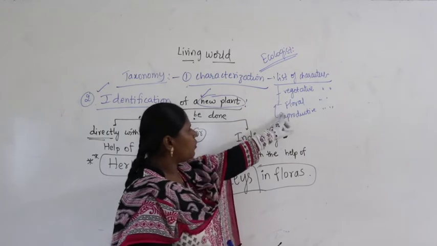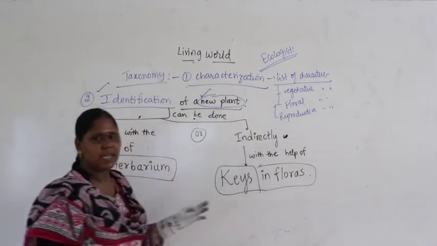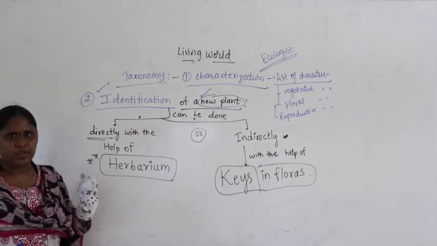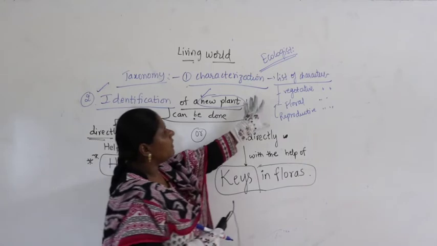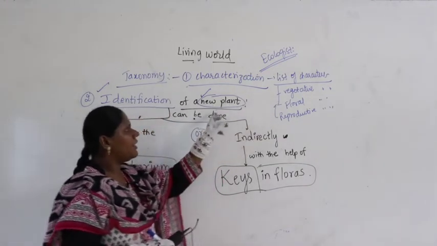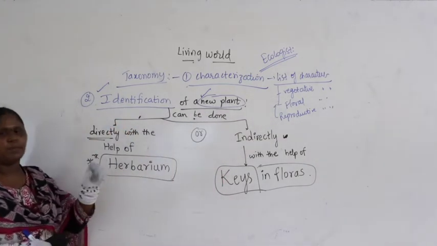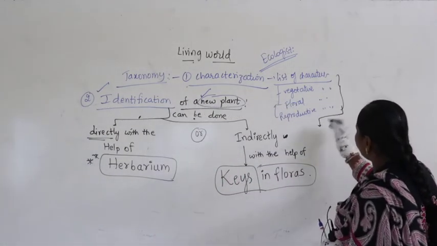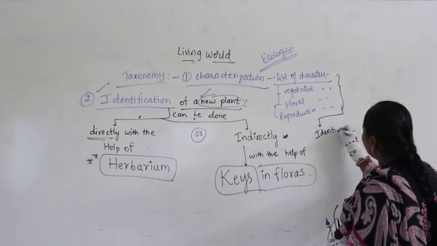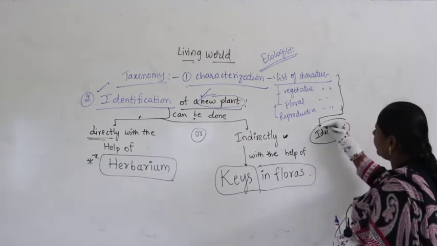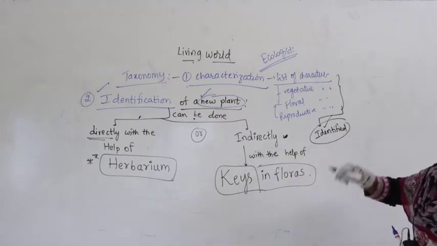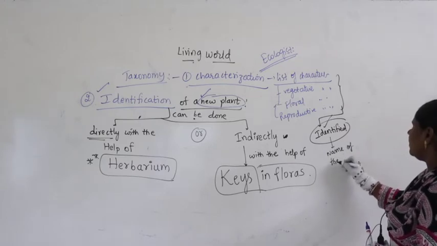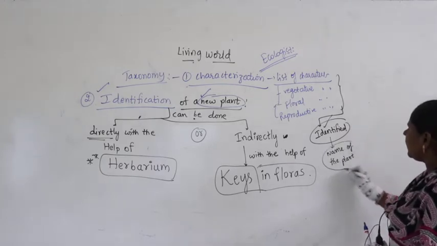He will try to match the noted characteristics with the available plants in a national research center. If it is matching, then he will come to know that yes, it is already an identified plant, and the name of the plant is so and so.